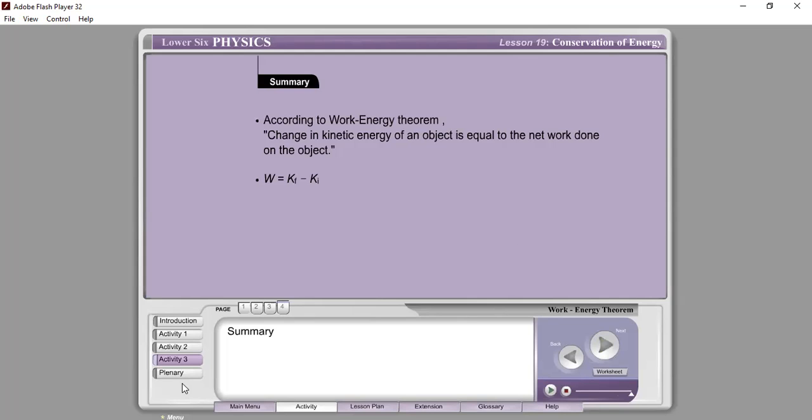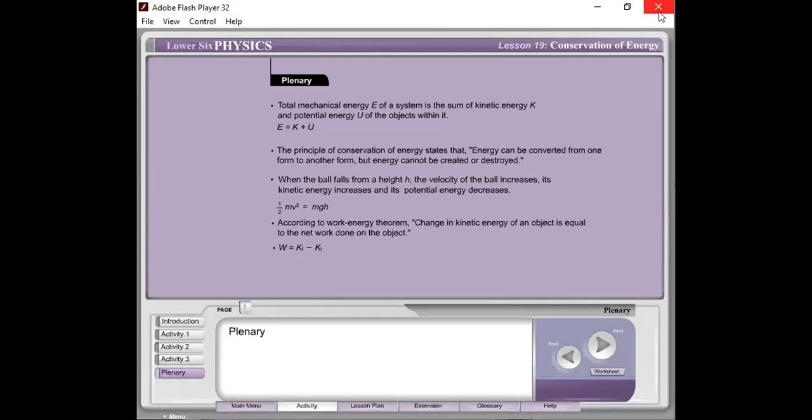So ladies and gentlemen, work equals Kf minus Ki, by using the change in kinetic energy, by using the work energy theorem. So that is the lesson for today.